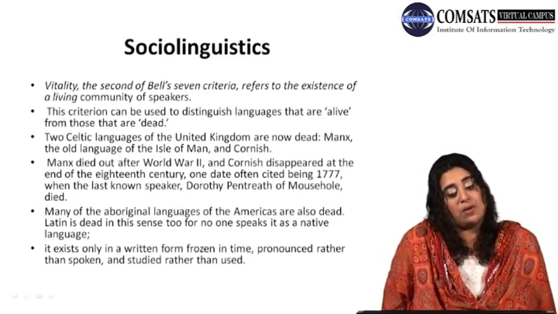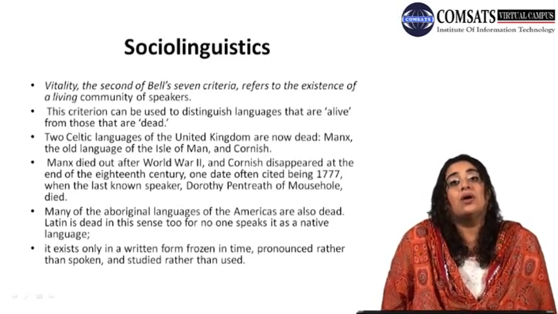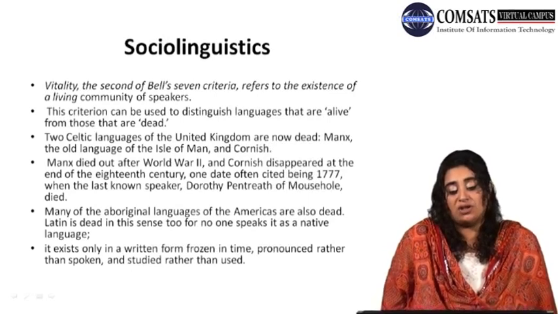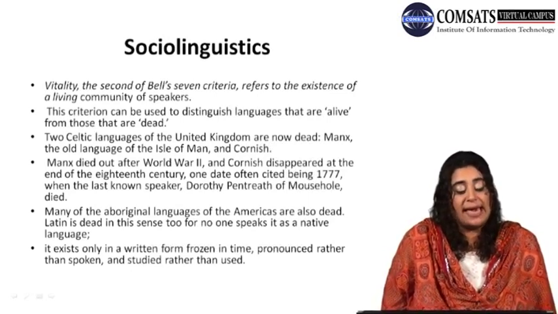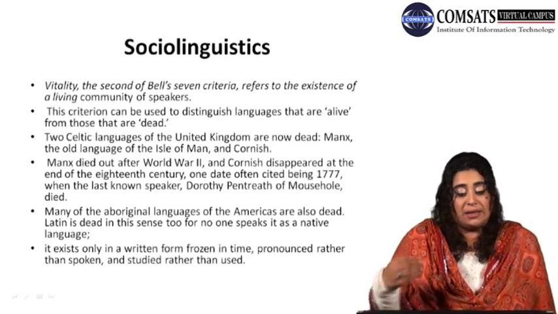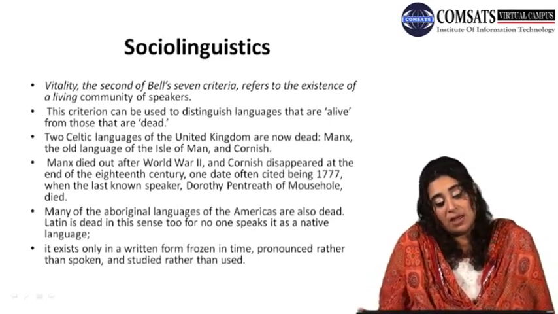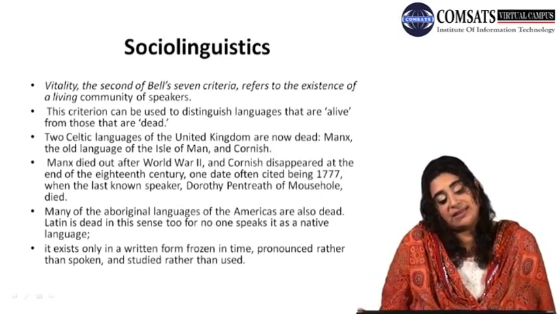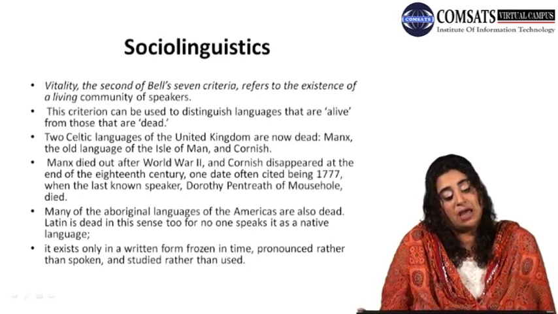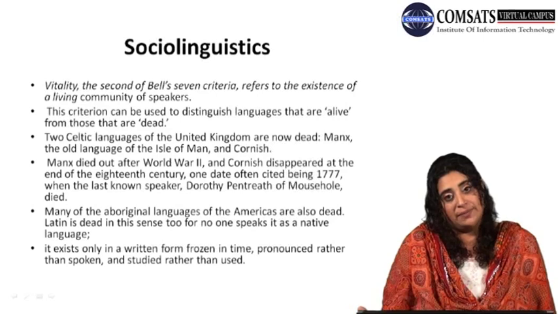Manx died out about after World War II. And Cornish disappeared at the end of the 18th century, one date often cited being 1777, when the last known speaker, Dorothy Pentreath of Mousehole, died.